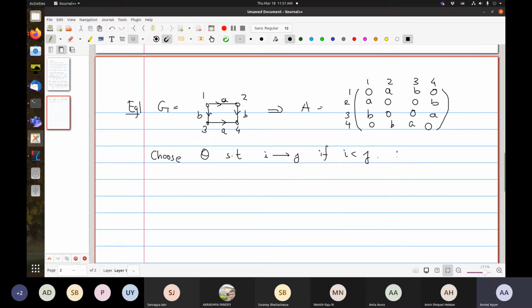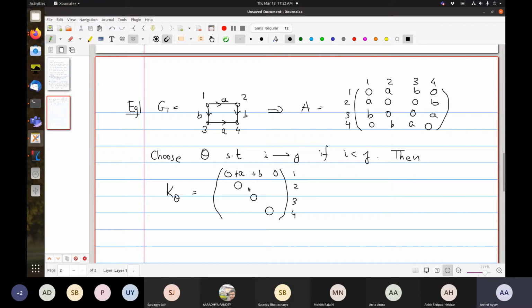Then K_O is again 1, 2, 3, 4. So then it's 0 on the diagonal. Okay, so now 1 to 2 is a, because it's a plus a, just to make it clear. 1 to 3 is plus b.